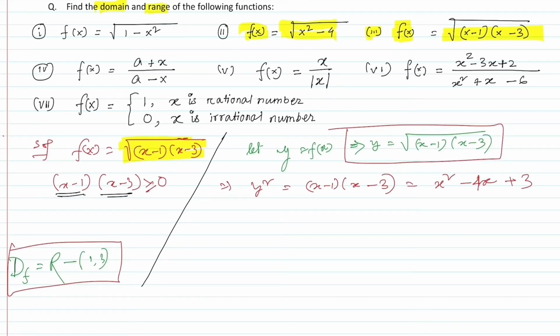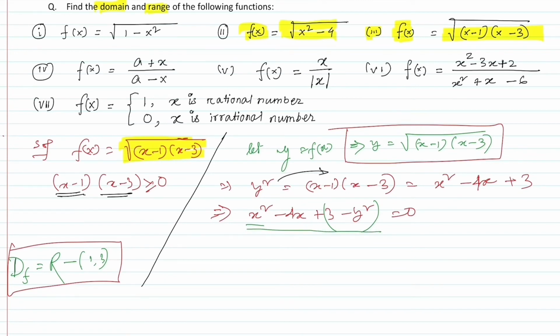From here, let me find x now. Shift the y square to the other side of the equation. Then we get x square minus 4x plus 3 minus y square equals 0. You can consider 3 minus y square as a constant, and this is a quadratic equation.